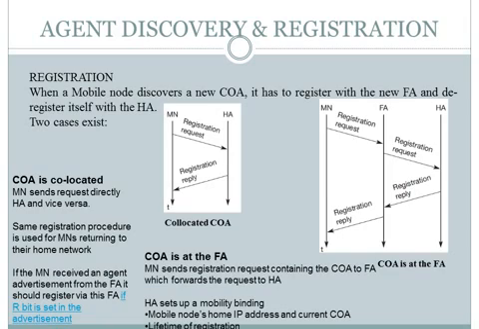It is a new registration. Even if it is a co-located COA, even if it is the home agent, it has to register. On the other hand, there is another bit, B, the busy bit, which indicates the agent is too busy to accept any registration. Okay. So that we will understand when we look at the packet format of the advertisement packet, which we will see subsequently.